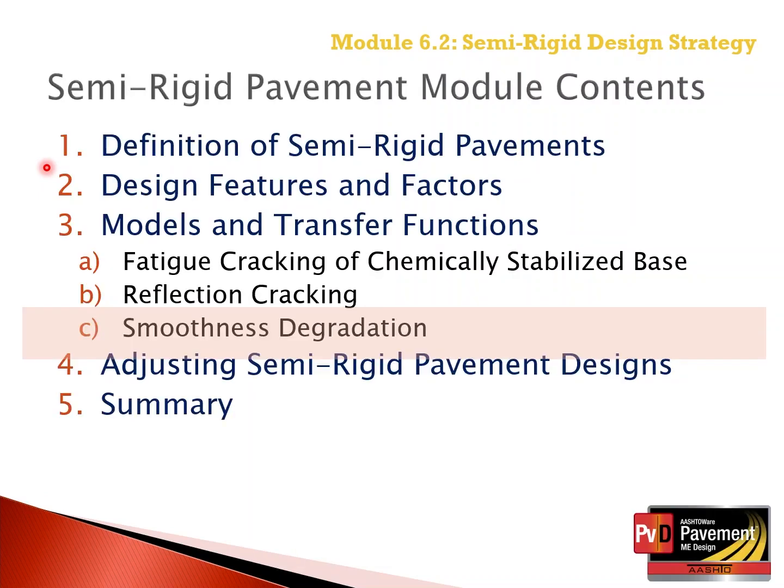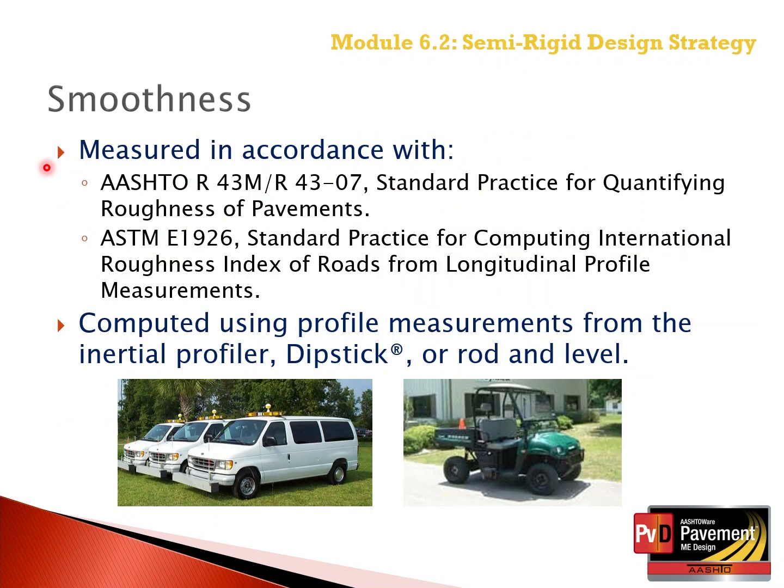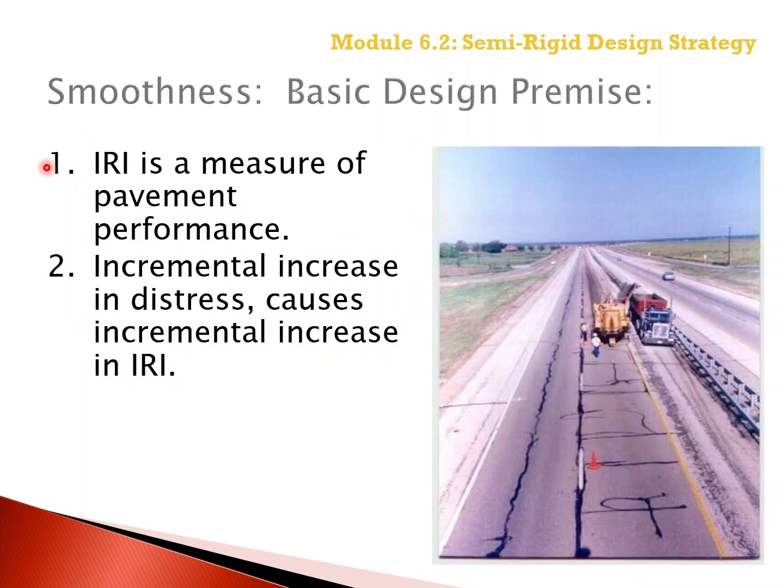Now let's move to, finally, the smoothness degradation for semi-rigid pavements. This is almost identical to what was covered on flexible pavement smoothness degradation. Measuring the smoothness is the same, using the same equipment. There is no difference for semi-rigid as opposed to flexible pavements.